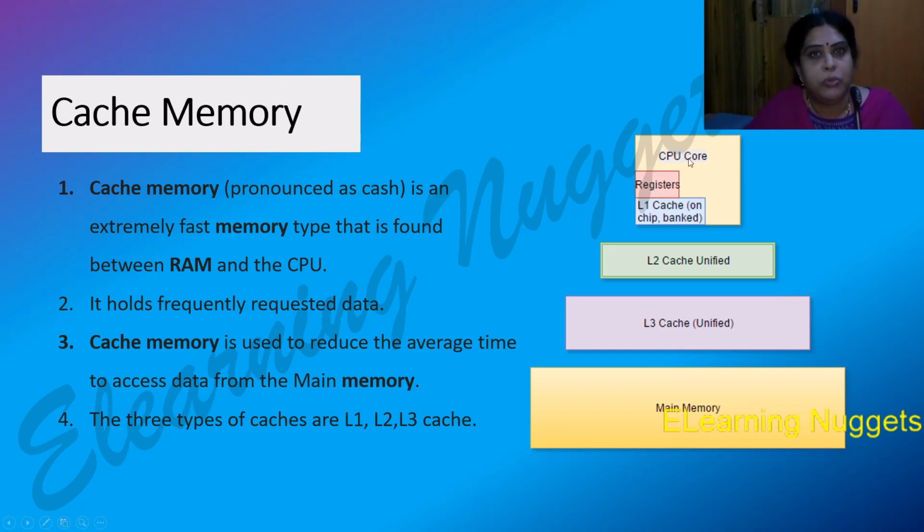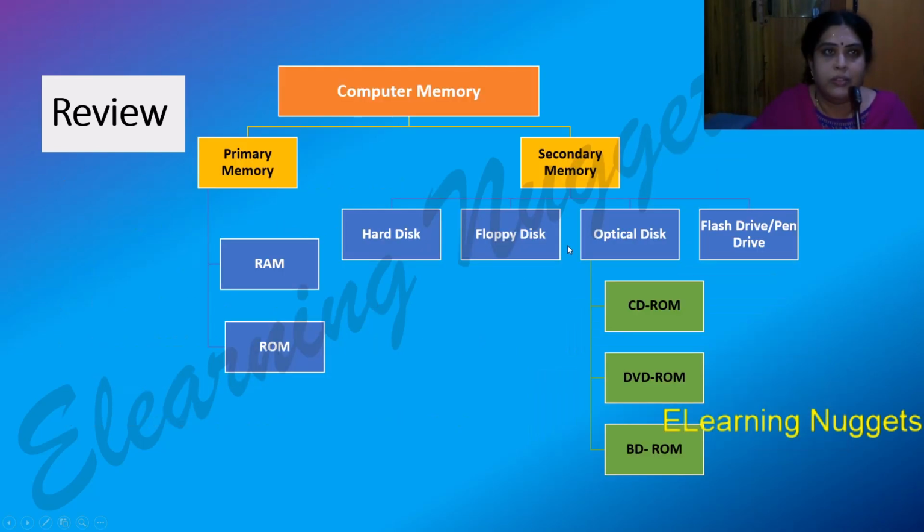Here the CPU will travel much less, and it can always do the work much faster. So this is the main use of cache memory. There are three types of cache: L1 cache, L2 cache, and L3 cache. Okay, so this is a brief introduction to memories.